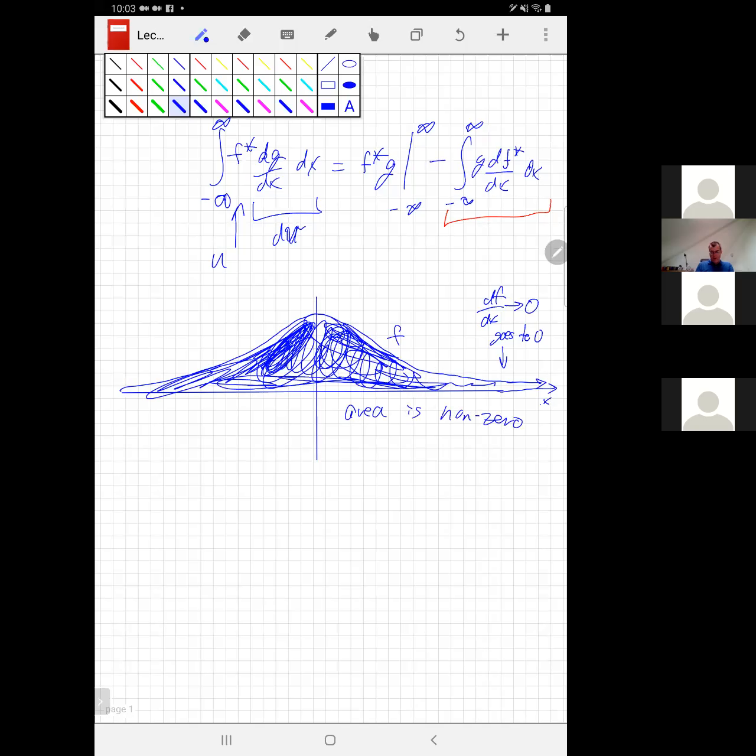Because the integral is not just the integrand everywhere. The integral is the antiderivative evaluated out here at plus infinity and out here at minus infinity. And it turns out that the antiderivative out here, if we were able to do the antiderivative exactly, would probably be non-zero.